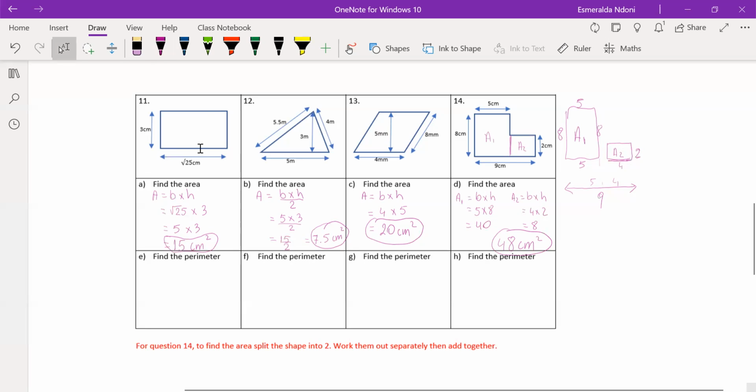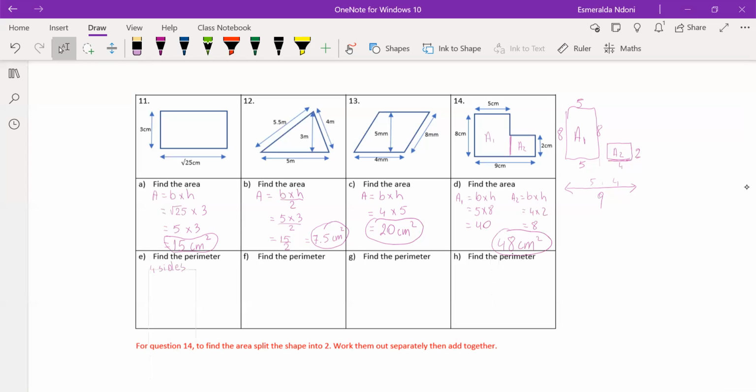So the perimeter that we're finding is for the shape above it. To find the perimeter, the distance around the 2D shape, we're going to have to go around it. The question that you ask yourself is, how many sides does my shape have? My shape is a rectangle, it has 4 sides. So you have 4 numbers to add up.